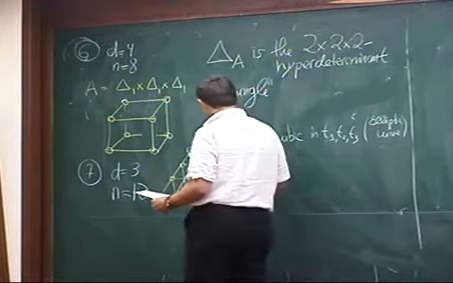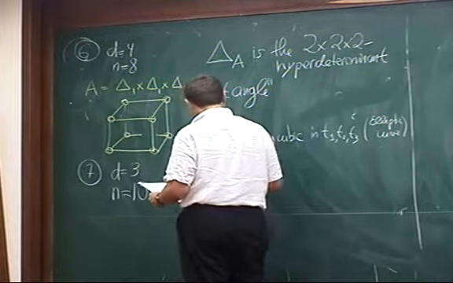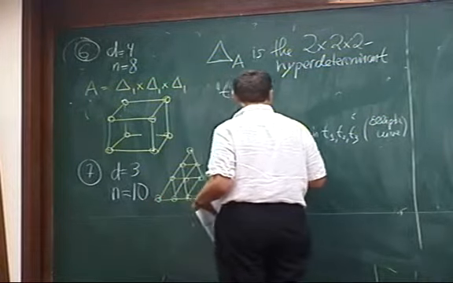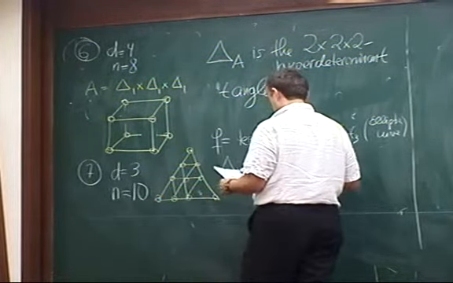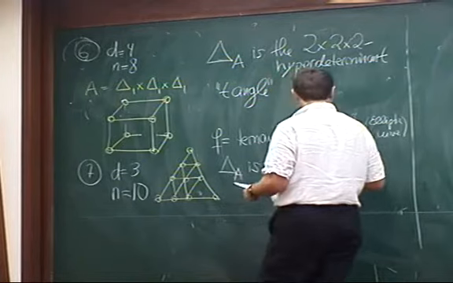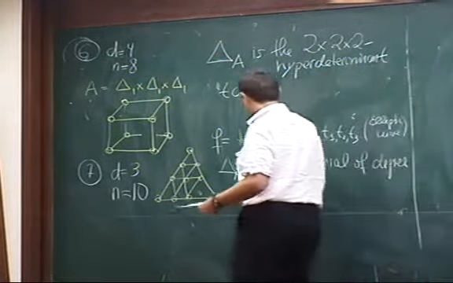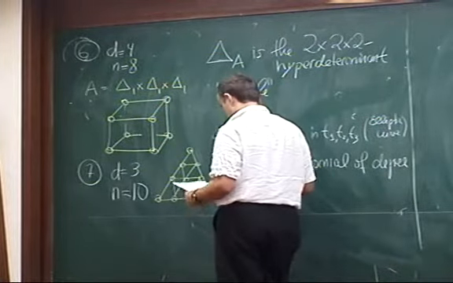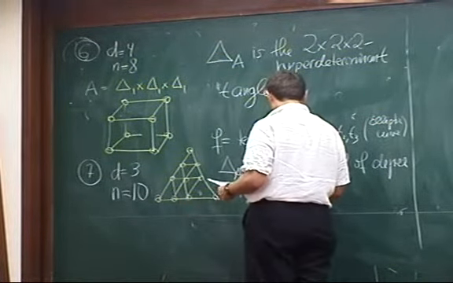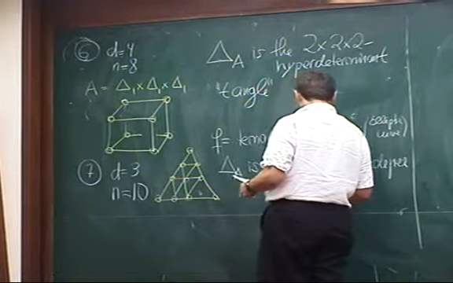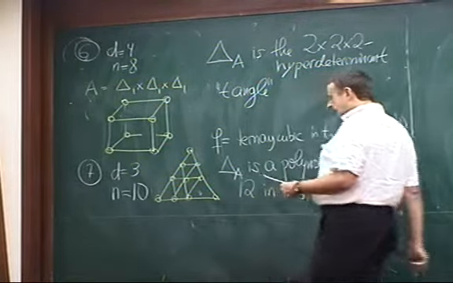So delta A, the discriminant, is a polynomial of degree 12 in those 10 coefficients, x1, x2, up to x10.